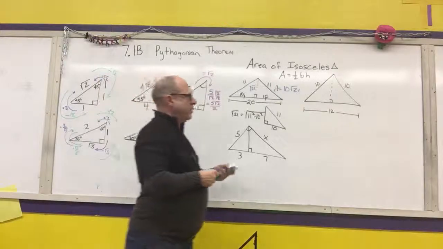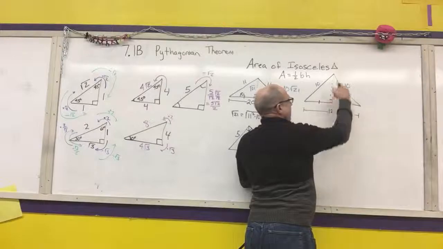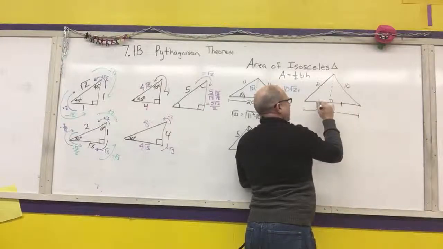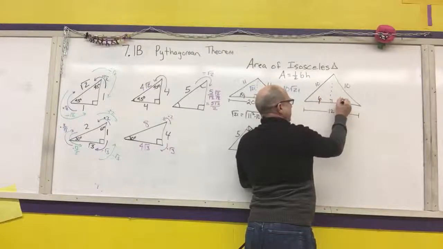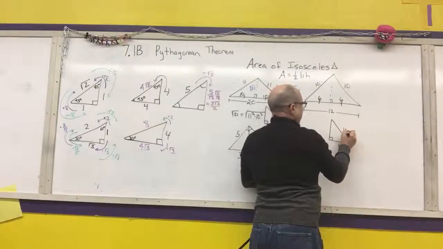I'll do another example. If I drop the angle bisector, which is perpendicular to the third side, that divides us into two pieces. That gives me a triangle with side length of 6, 10.